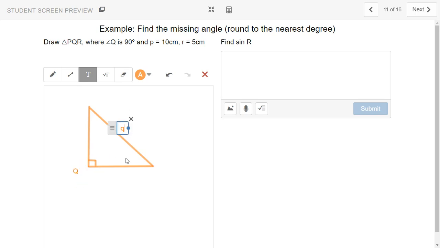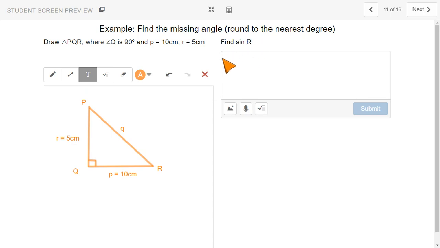Across from angle Q, we have little q. We also have big P, and the corresponding side is 10 centimeters. The last angle we have is R, and the corresponding side is 5 centimeters.